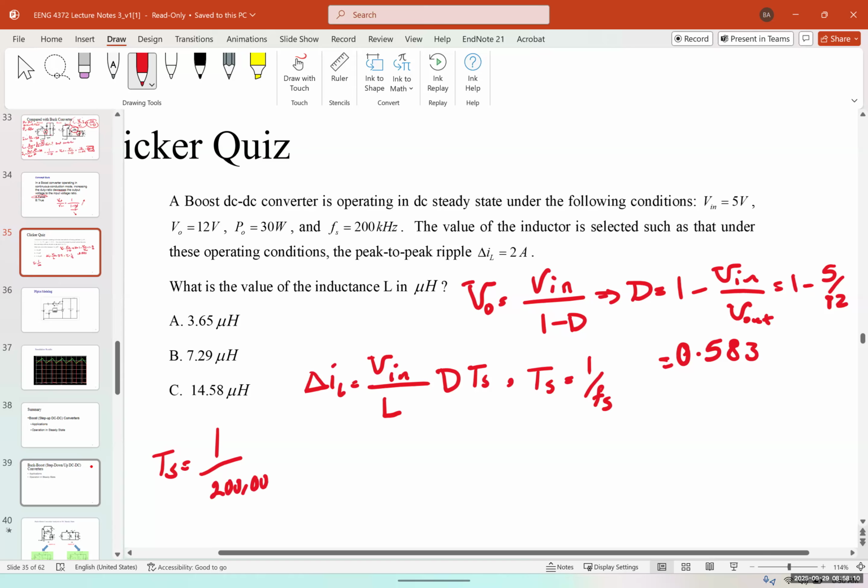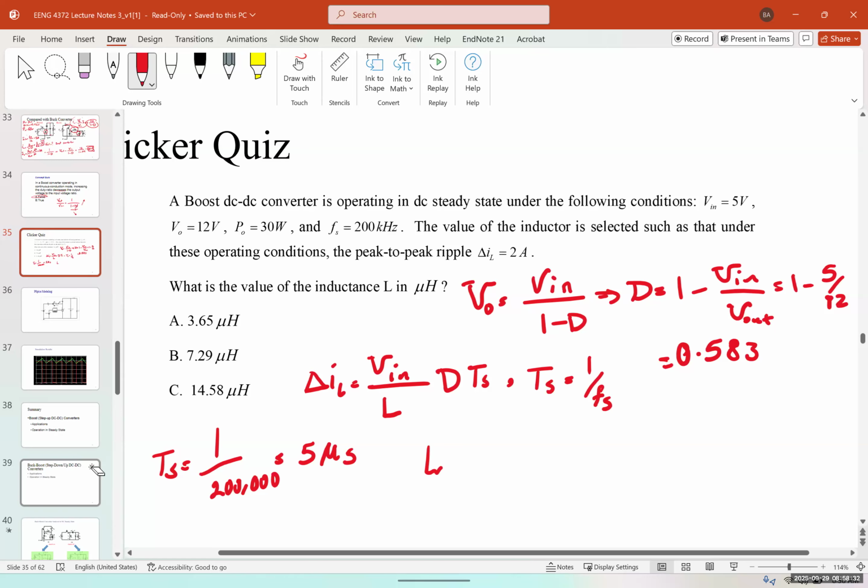So 1 over 200,000 gives us 5 microseconds.